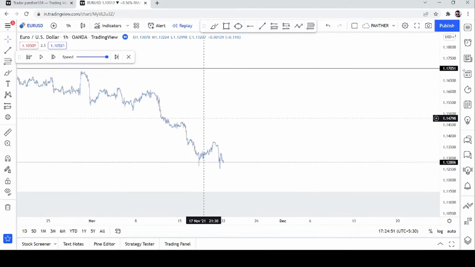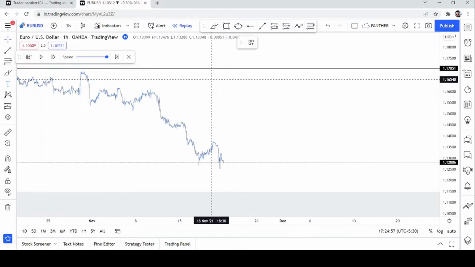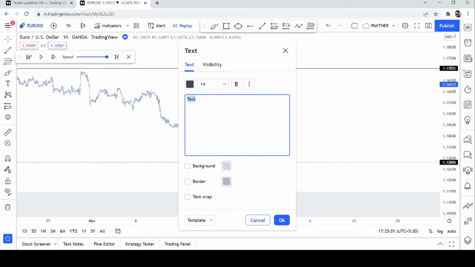So what is the method? What is the strategy that today we are going to talk about? It will be called the three box method. And what are these three boxes?